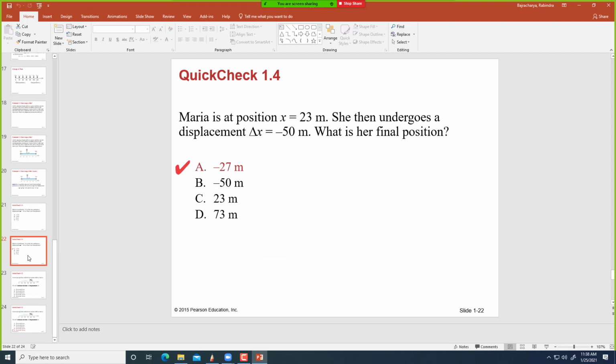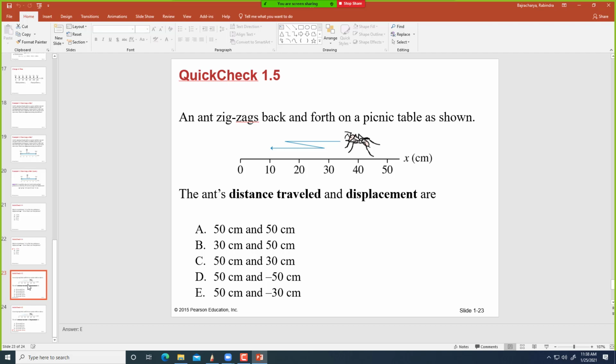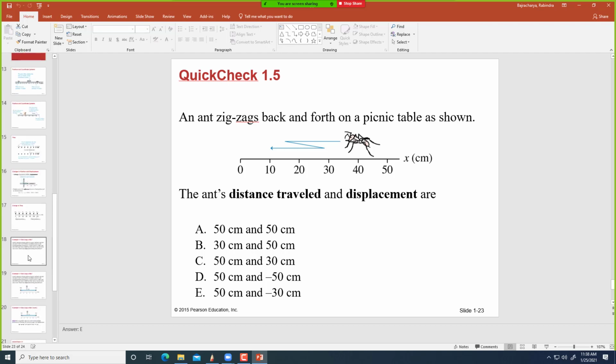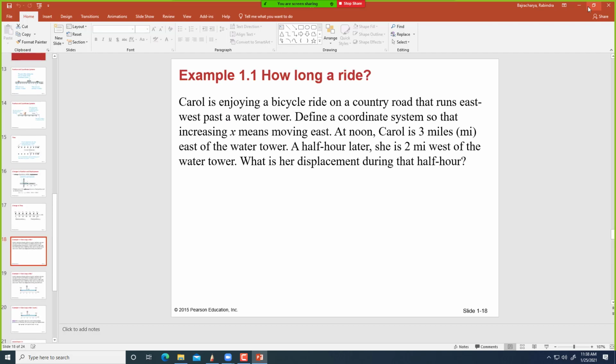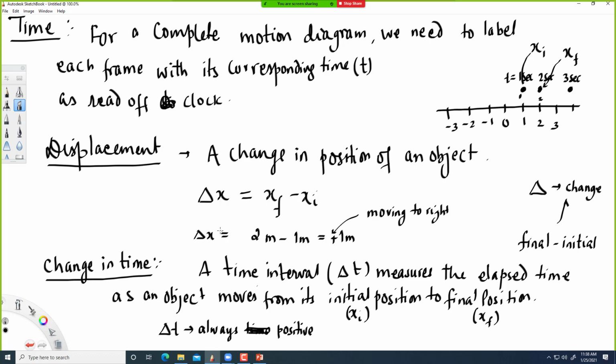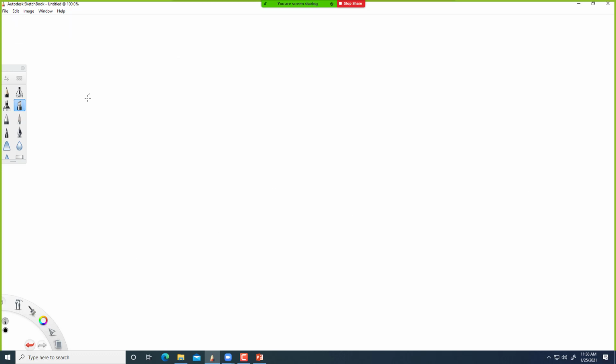So how do you define it qualitatively or conceptually? Just in layman's terms, how do you define speed? How fast you're going. Yes, exactly. How fast you are moving.